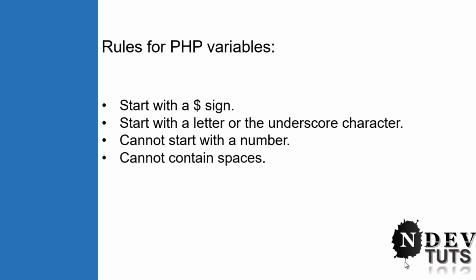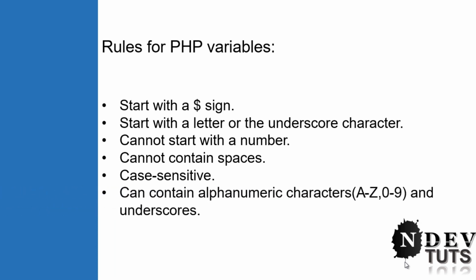Fourth, a variable name cannot contain spaces. Fifth, PHP variable names are case sensitive. And the last one, a variable name can only contain alphanumeric characters like A to Z, 0 to 9 and underscore.